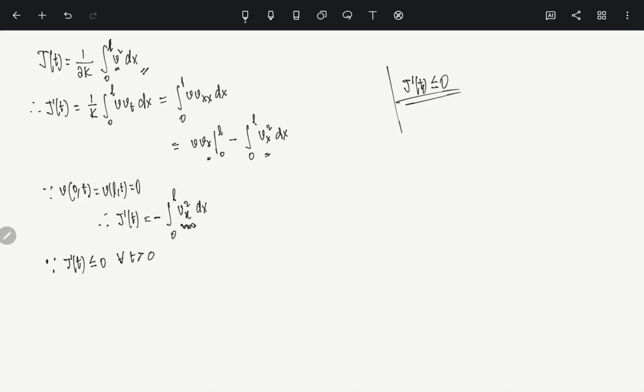Is it okay? So essentially what does it say? It says that J of t is non-increasing in t.